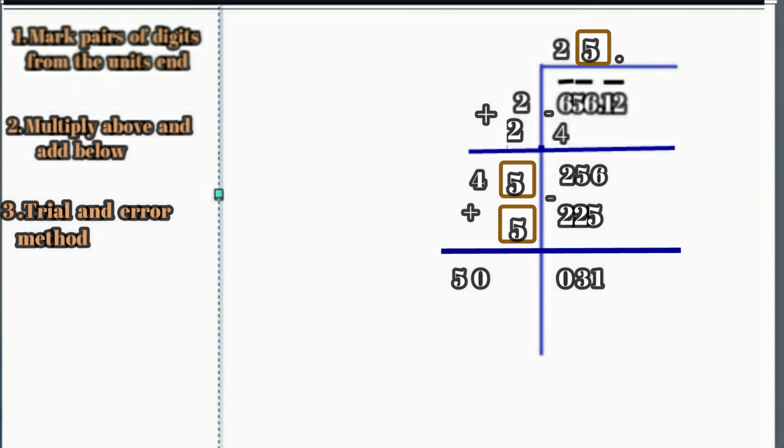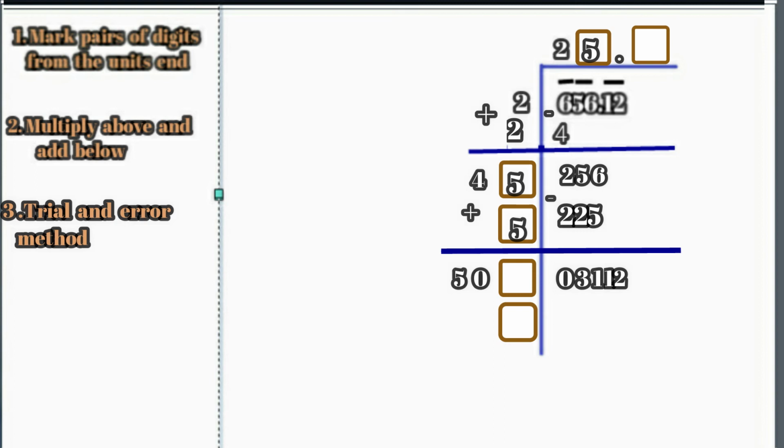Now, you can write down the next pair. That is 12. After this, you can draw the boxes above and below. What number do you think we can write in the boxes to get 3112 or the closest number below 3112 as the product? Remember, the digits in the boxes have to be the same.